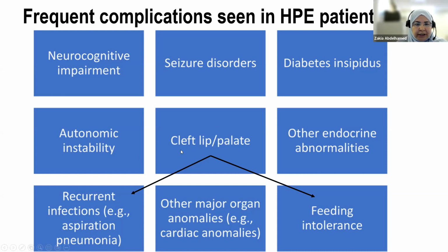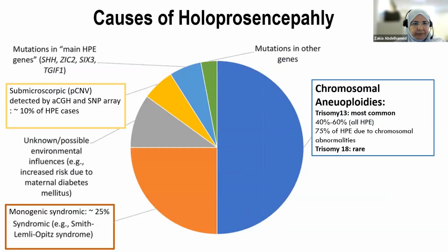Cleft lip and palate lead to recurrent infection, aspiration pneumonia, and also feeding intolerance or feeding difficulties. And they also commonly develop other congenital malformations, cardiac or renal, and others.